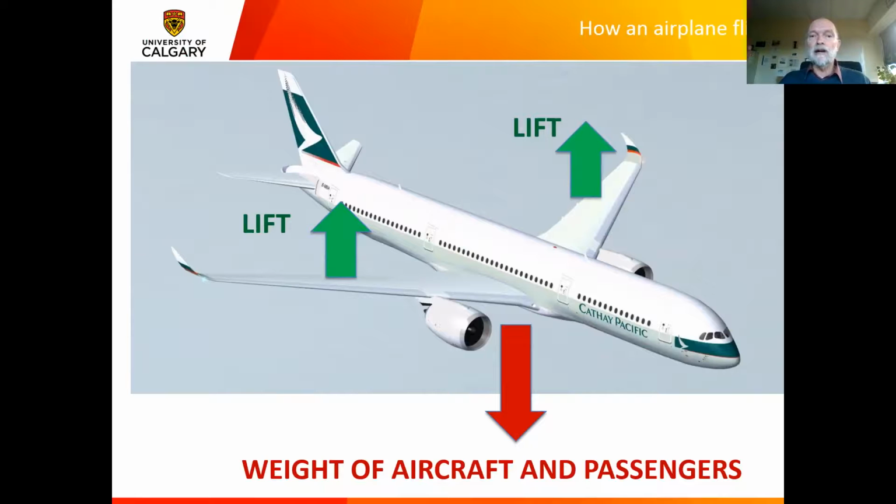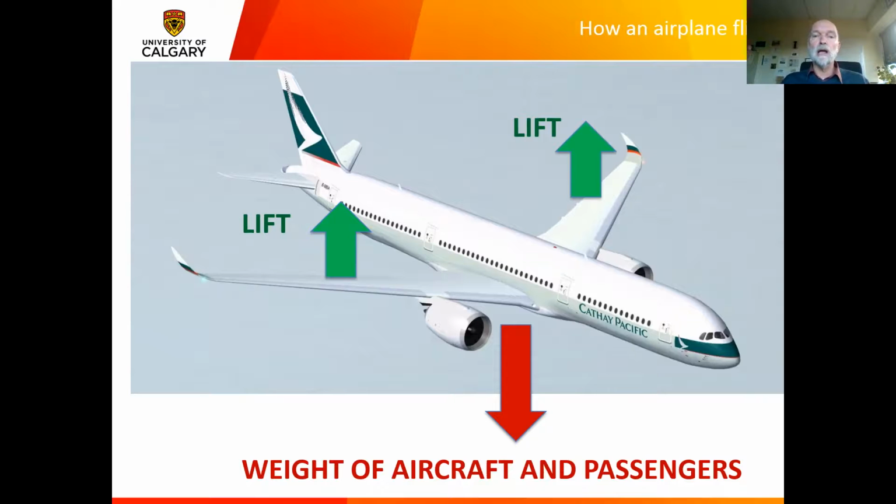If you think about how an aircraft flies up in the air, it does so because the wings generate a lift, which I've shown in this slide here. Each wing generates a lift, and that lift counteracts the weight of the aircraft and the passengers. So when you see an aircraft flying overhead, you can think about the way in which the lift balances the weight of the aircraft and the passengers.